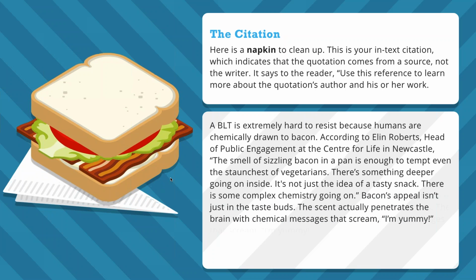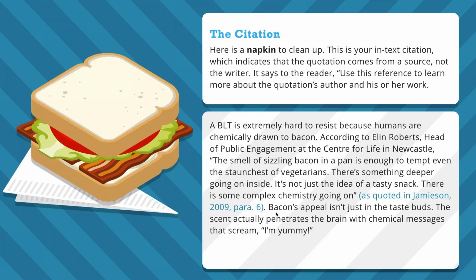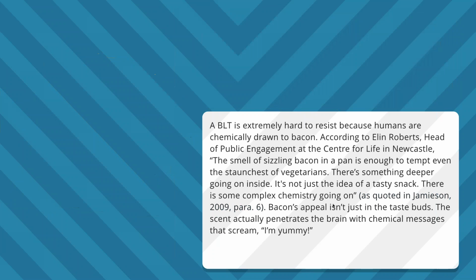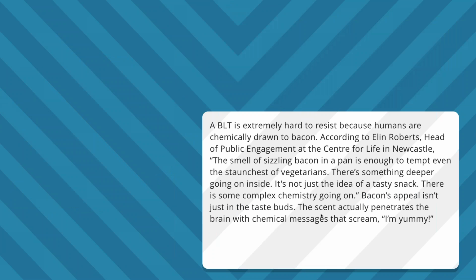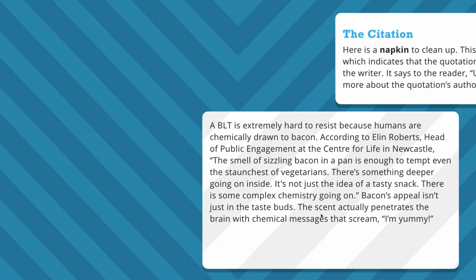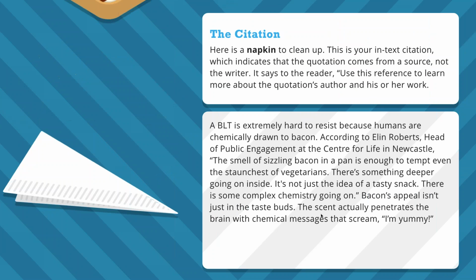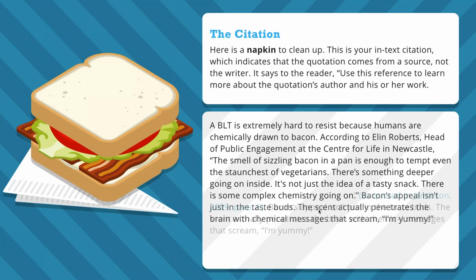So in this case, the citation goes in at the end of the sentence. And you'll see in this particular example, go back a slide here. You'll see in this particular example that we're saying that Ellen Roberts was quoted in Jameson 2009, paragraph 6.